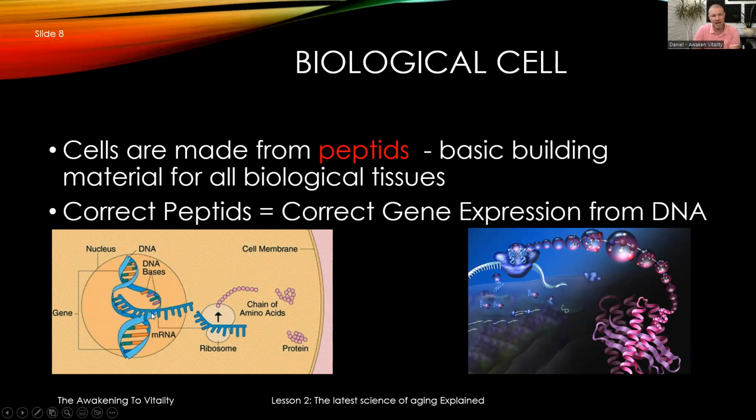And to be able to build correct peptides, or building material for a new cell, they have to take all this correct data from DNA with the mediatory RNA, ribosomes, and from ribosomes you are creating specific chains of amino acids, which later look like proteins covering your skin, proteins creating your tissues, your eyes, your hair, every organ of your body, or even every hormone in your body.